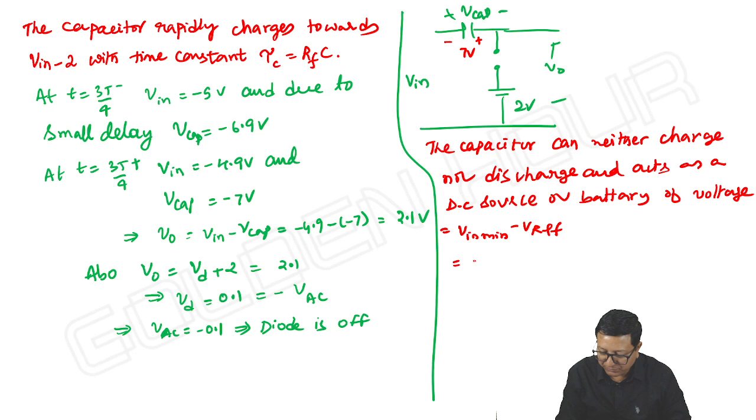What is input minimum, friends? Minus 5, the negative peak, minus 2. It is equal to minus 7 volts.